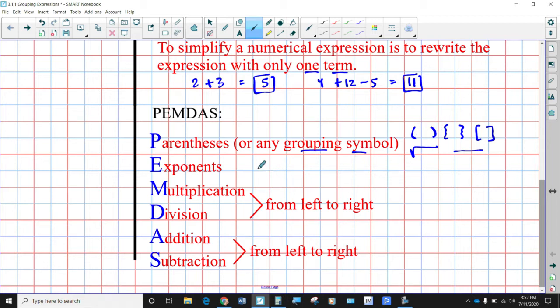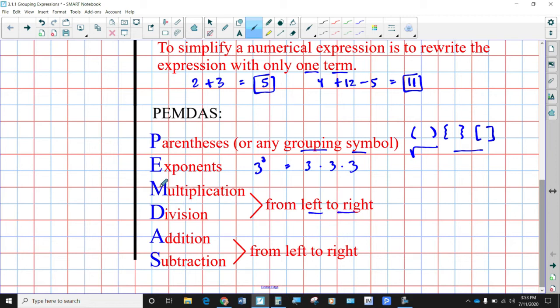Exponents, that's when you have a base and you have a little number in the upper right-hand corner, that's the exponent. So this, which is technically repeated multiplication, it's equal to 3 times 3 times 3, has priority over multiplication, division, addition, and subtraction. This, when there's no parentheses to be found anywhere, has the highest priority. Then multiplication from left to right. That's the key, left to right there.